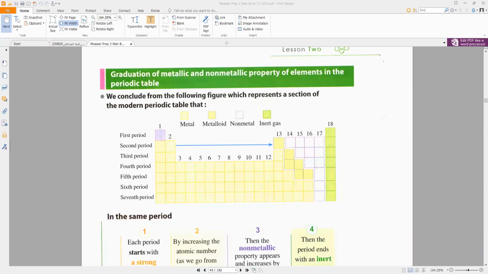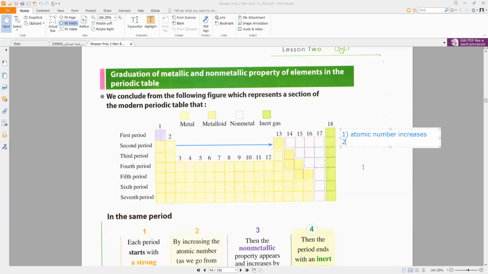The atomic number increased. As we move, the atomic number increases. We see lithium has atomic number 3, then beryllium 4, and so on. So the atomic number increases.